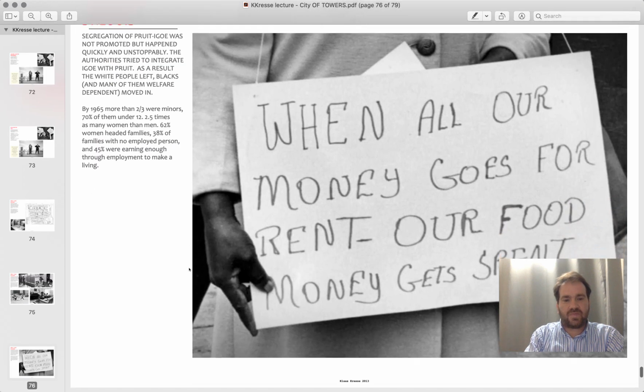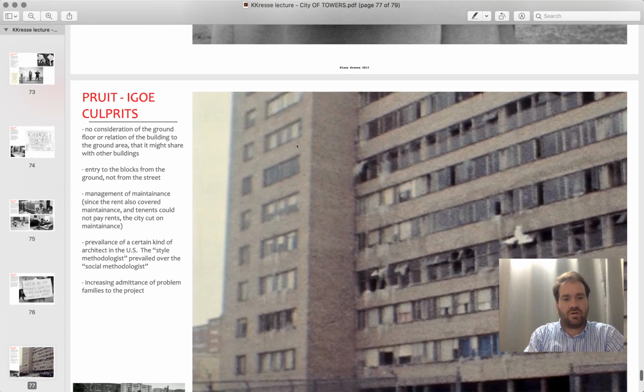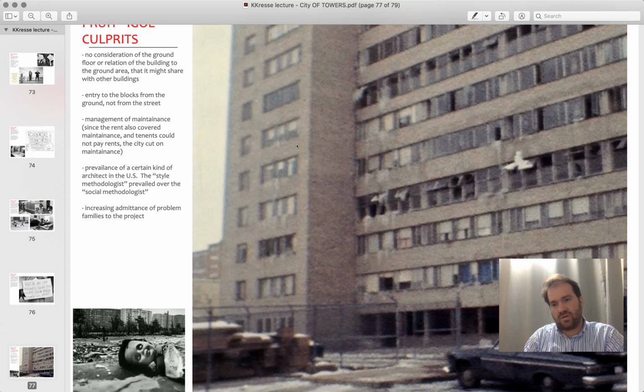And then people started to be unable to afford living there anymore, couldn't pay rents anymore, meaning once they couldn't pay rents, maintenance would be neglected because the state didn't want to pay for the maintenance of these housing estates. It had to come all from the rent, so if the renters don't pay anymore, there's a problem.